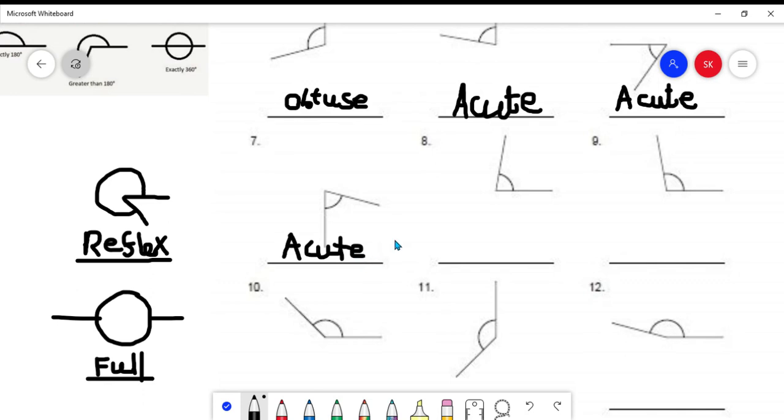One way, might not be a very useful way, to help remember the names: acute angle, a small acute angle. You could remember it that way. And with obtuse, it sounds similar to obese, which means fat, and it's over 90 degrees.